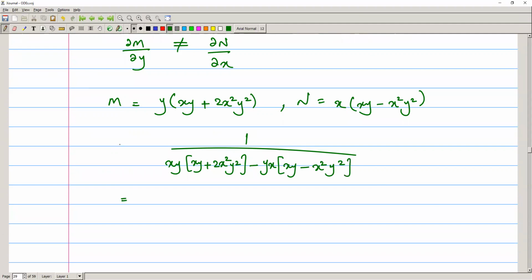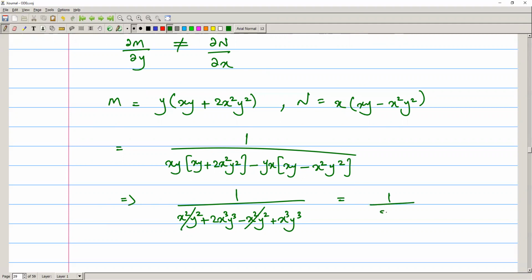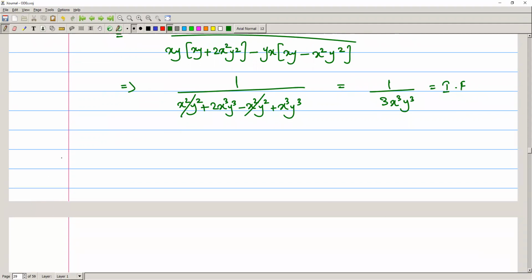Now we can simplify the denominator, so it will be x squared y squared plus 2x cubed y cubed minus x squared y squared plus x cubed y cubed. So this will cancel out and we will be left with only 1 over 3x cubed y cubed. So that is actually the integrating factor for our case.